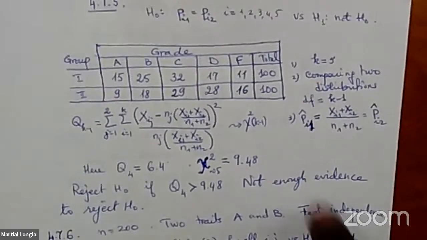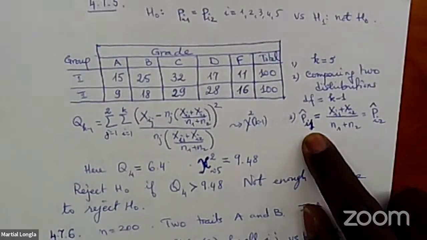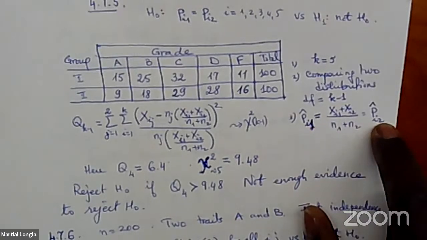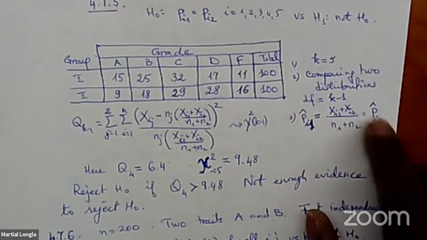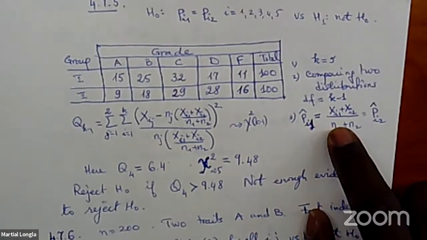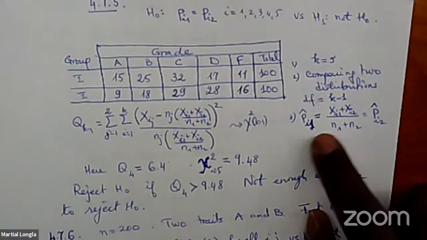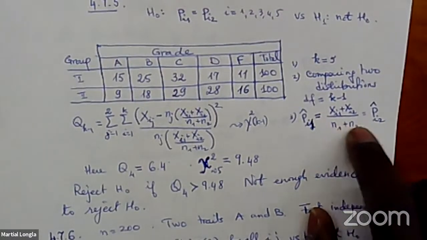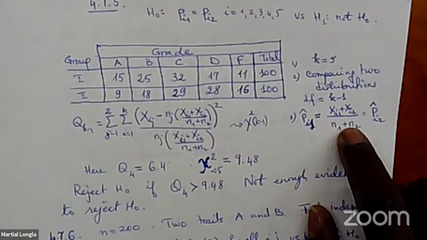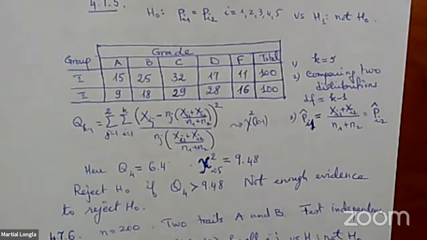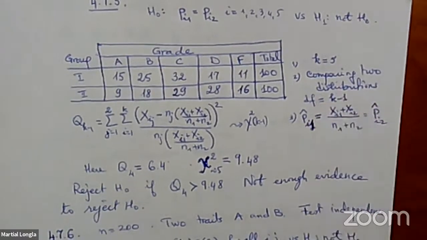And now the estimate of each of the pi1, pi2, because you're assuming that they are equal, they will have the same estimate, which will be the pooled estimate of those things. When you pool them, the sample sizes get added, and the number of successes gets added. That's how you understand the formula. So that's why this is true.